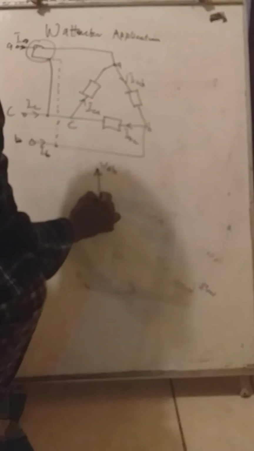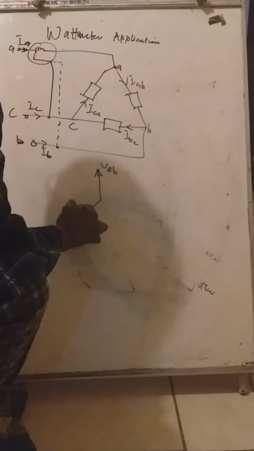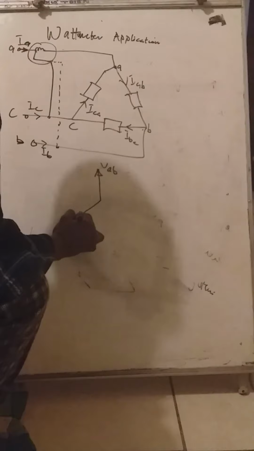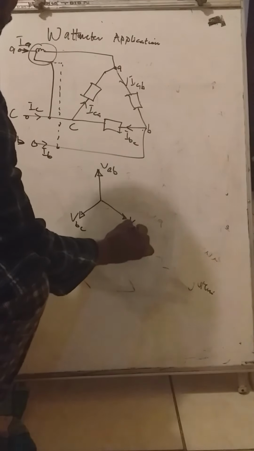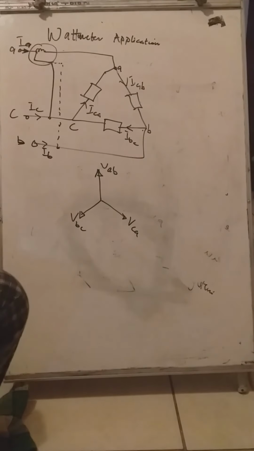This is our VAB, and this is our VBC, and this is our VCA, which represents a negative phase sequence.